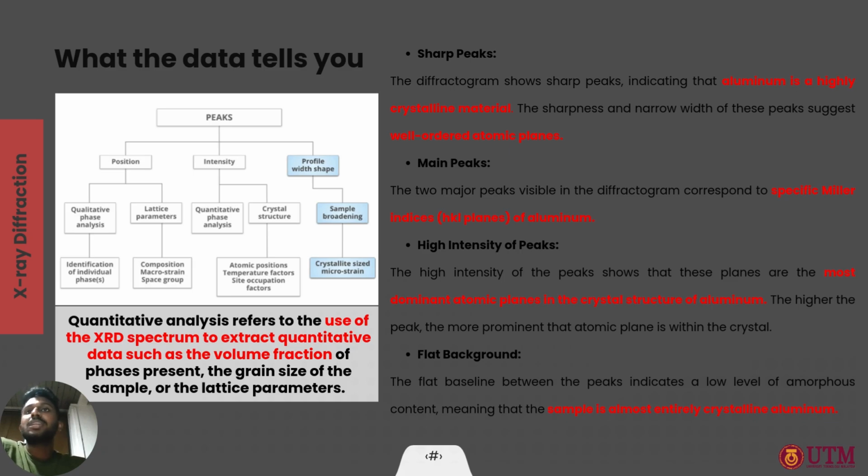This data also gives us a qualitative analysis, where the XRD spectrum can be used to extract quantitative data such as volume fractions of phases present, the grain size of the sample and also lattice parameters.